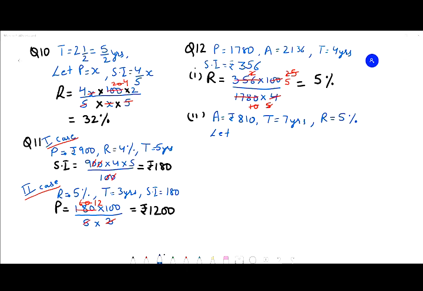So we'll just assume that P is equal to X. So SI will be X multiply with 7 and 5 by 100. Now cut this off. No other cutting is possible. So this will be 7 by 20 X. We'll keep it at a side.